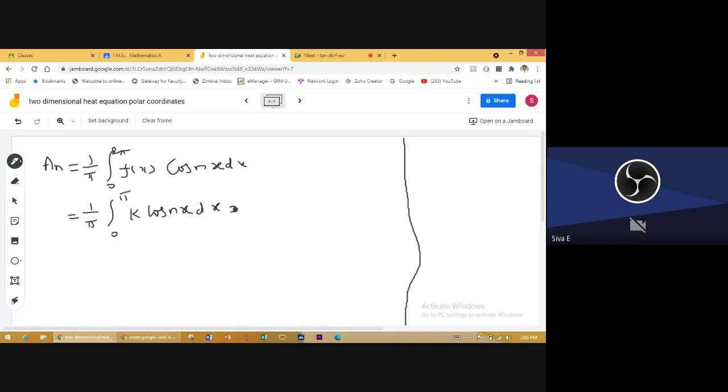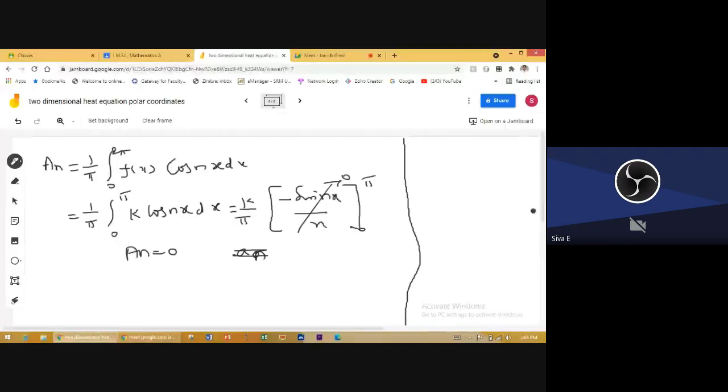So that is equal to k by pi, the integration of cos nx is sin nx by n, from 0 to pi. In that 0 to pi, the sin term is always 0. So, not small a n, capital A n equal to 0.